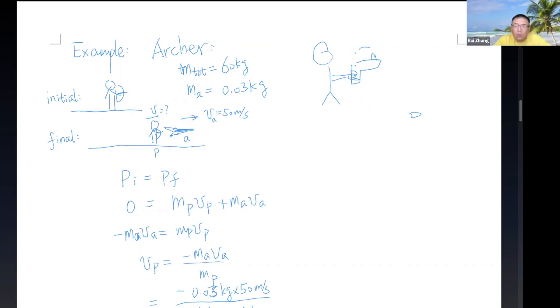Now you feel a recoil from this part. The gun and your hand are going backward. You feel that, either with a handgun or a rifle, where you put the rifle toward your shoulder or something. Same thing. This is going forward, this is going backward. That is also because of the momentum thingy.